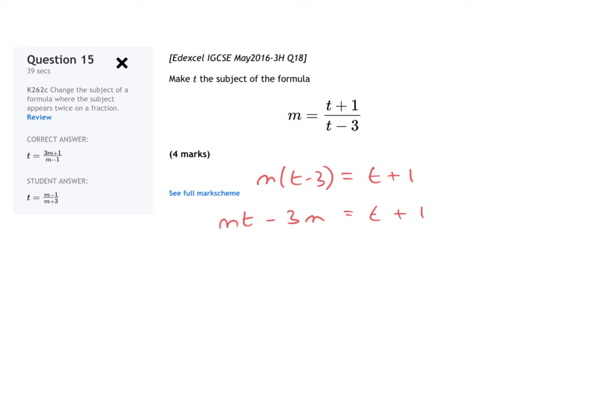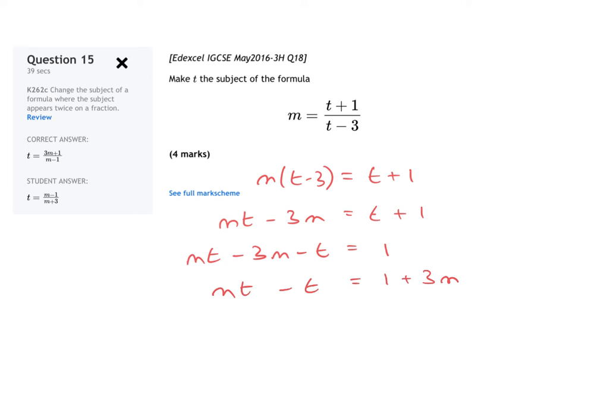The first step will be to subtract t from both sides. So I'm going to get mt minus 3m minus t equals 1. And then I'm going to add 3m to both sides. That will eliminate this minus 3m here. So I'm going to get mt minus t equals 1 plus 3m.